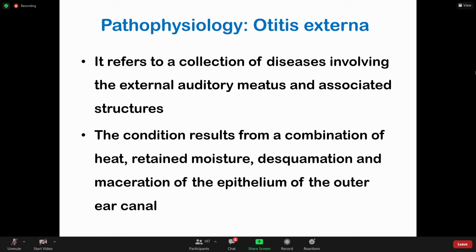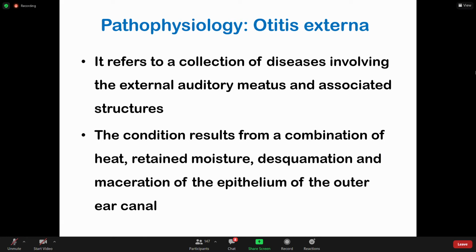Otitis externa, which means involvement of the external ear and the auditory canal, as opposed to otitis media, which is middle ear infection. Otitis externa is different from otitis media, not only because of the location, but because it's not a single condition. It's actually a collection of diseases that involve the external auditory meatus and its associated structures.